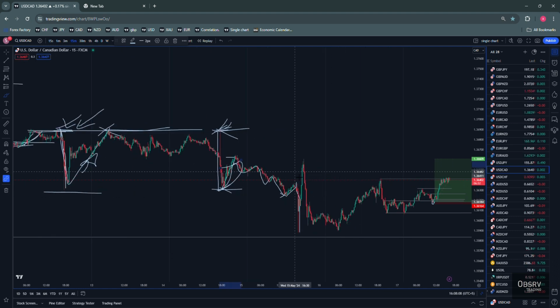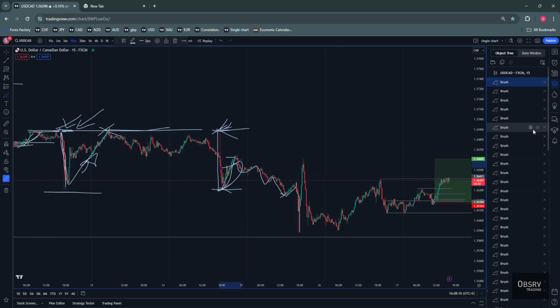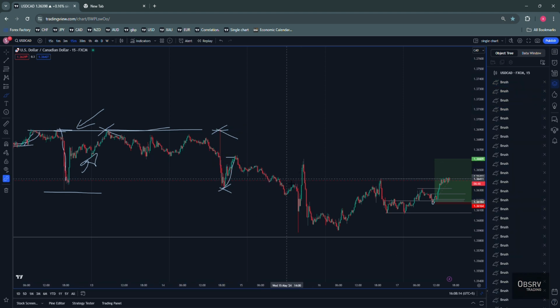Let me just get rid of all these brushes. Okay. And still inside this seller until this point, sells, pulls back, sells, makes a lower low, and the buyer comes back with a higher high.